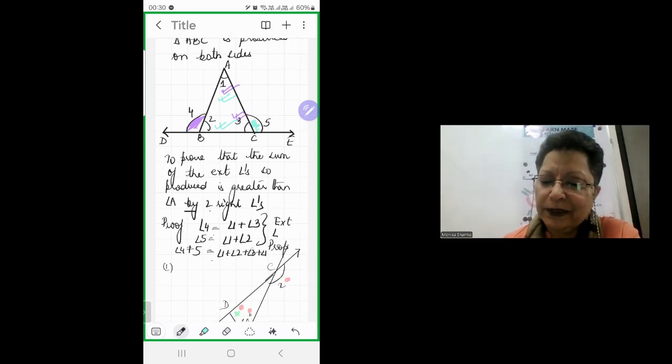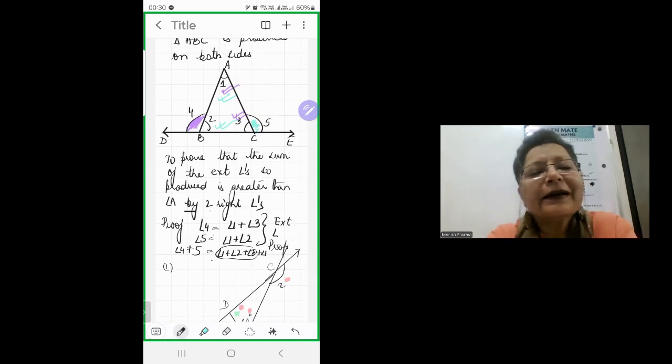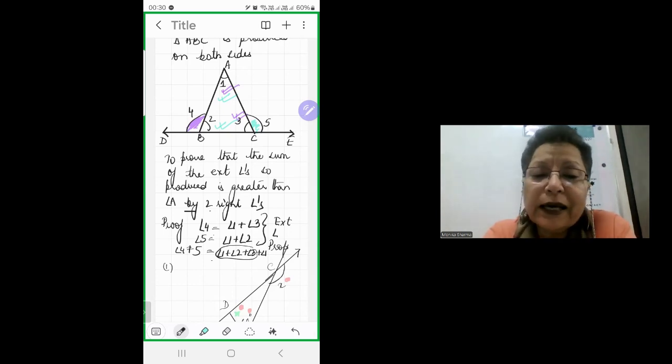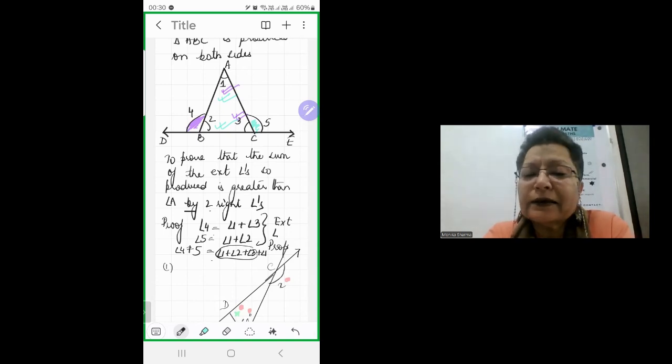What is 1 plus 2 plus 3? 1 plus 2 plus 3 is nothing but 180 degrees. 180 degrees is nothing but two right angles. And what is angle 1? Angle 1 is nothing but A. So the sum of the exterior angles, you have been able to say that it is 180 degrees more than angle 1, or it is two right angles more than angle A.